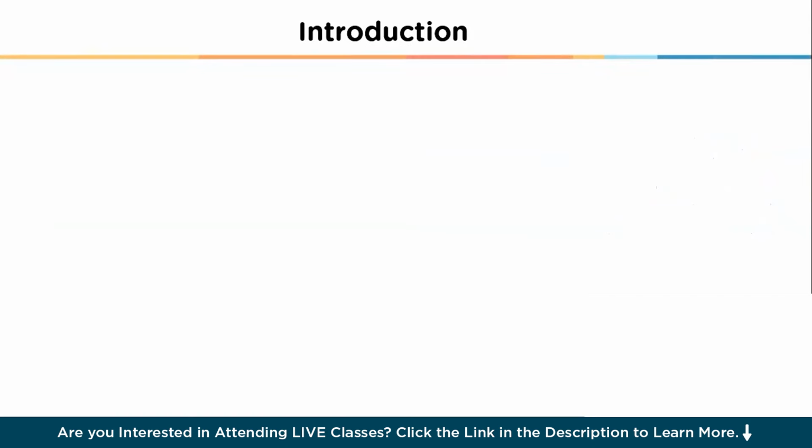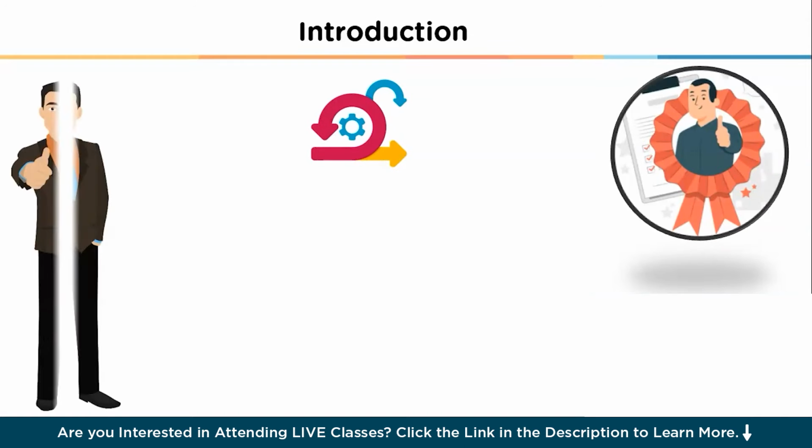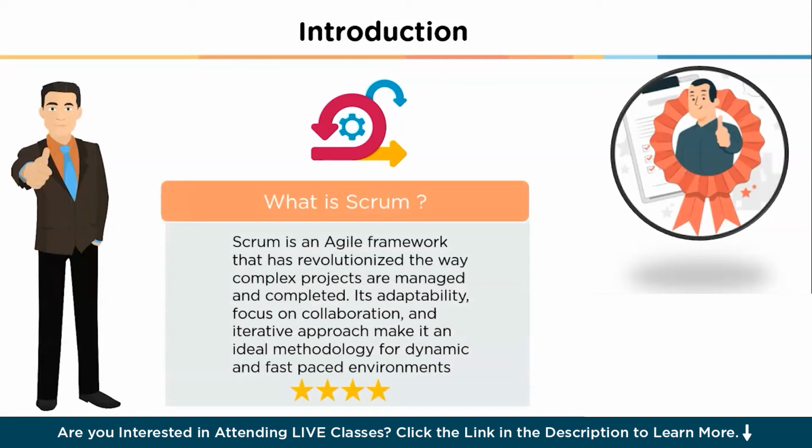So guys, what is basically Scrum? Scrum is an agile framework that has revolutionized the way complex projects are managed and completed. Its adaptability, focus on collaboration, and iterative approach make it an ideal methodology for dynamic and fast-paced environments.